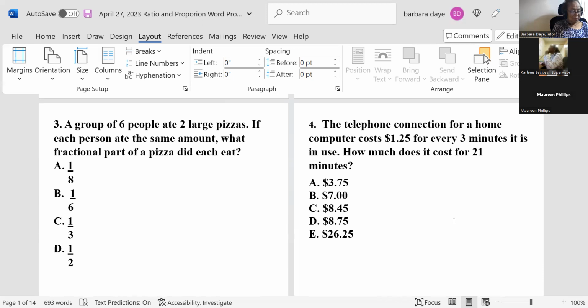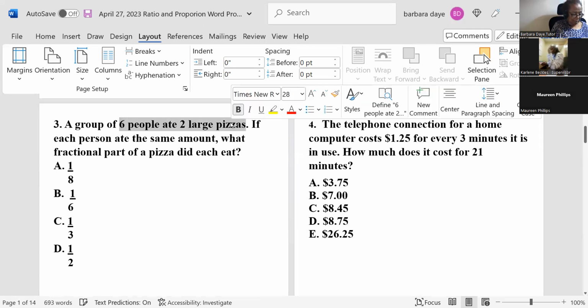Okay, hold on. Think about it, think about how you set it up. 6 people ate 2 large pizzas.